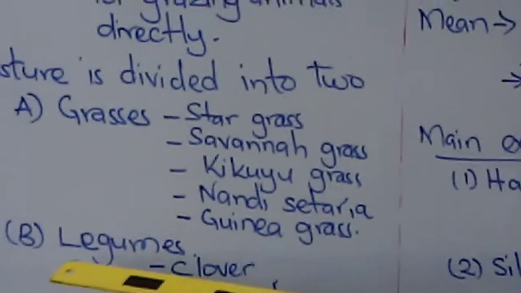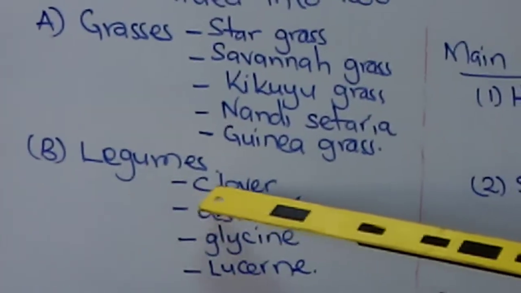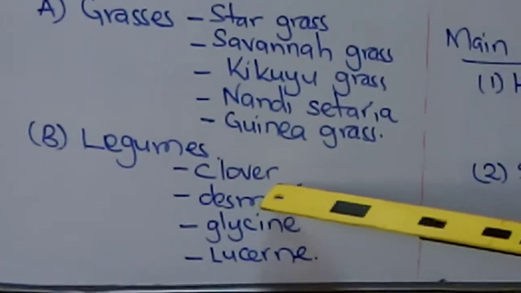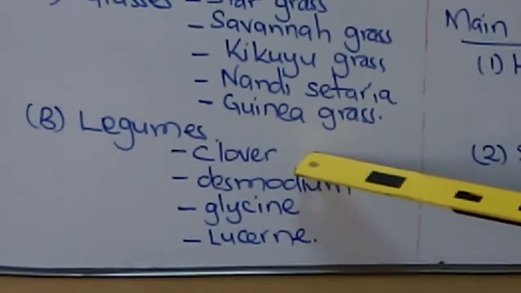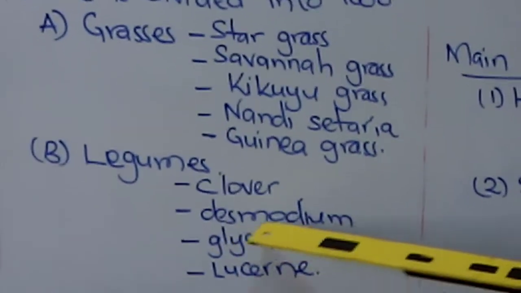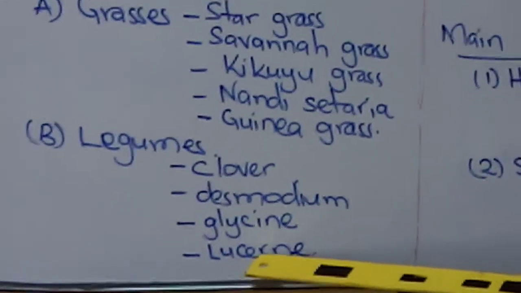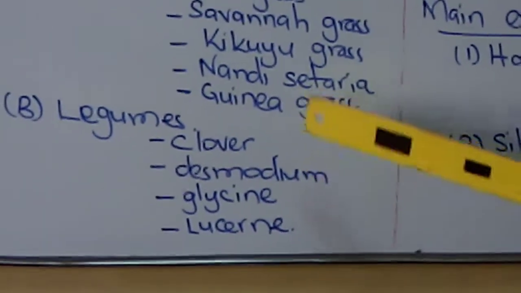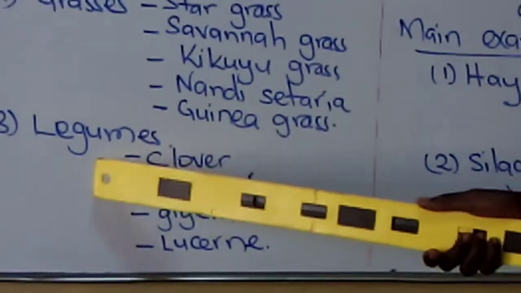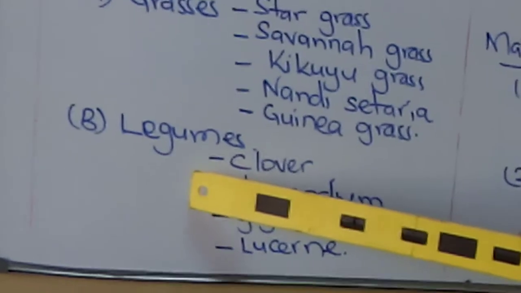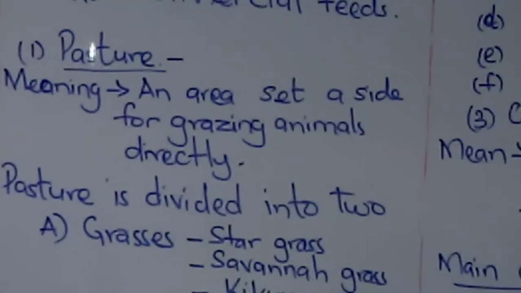Now, part B, the legumes: we have clover plants, desmodium, glycine and lucerne. Remember, legumes give the animals proteins. So these are the pastures.